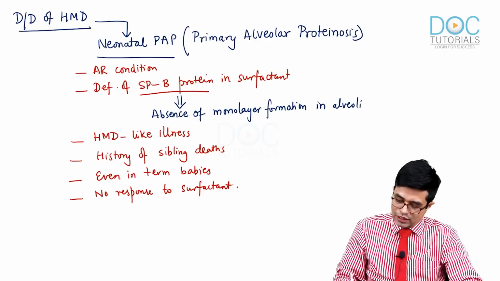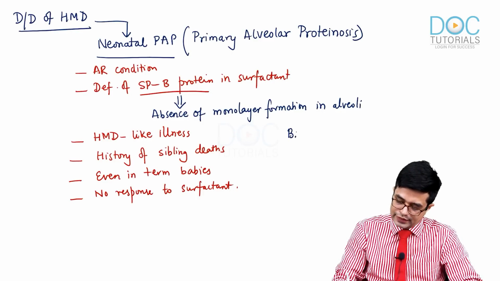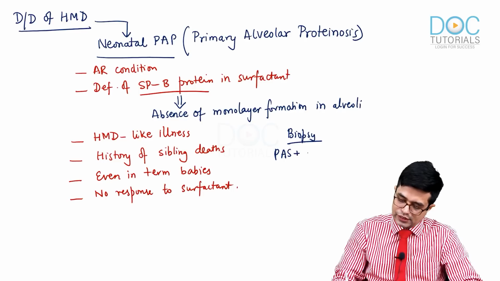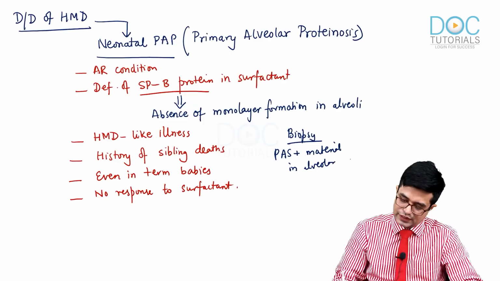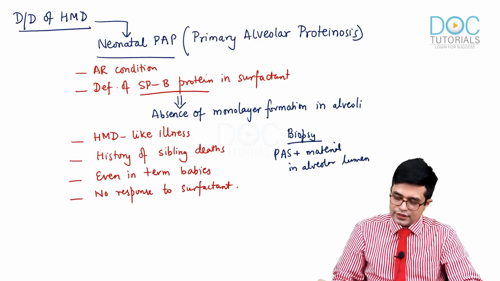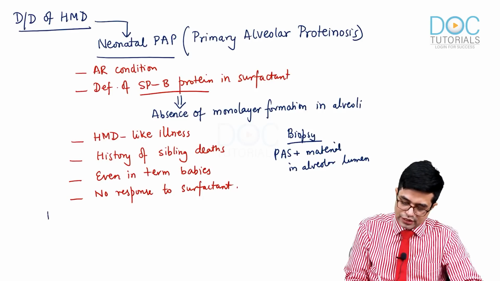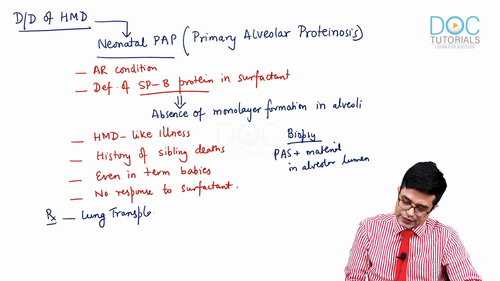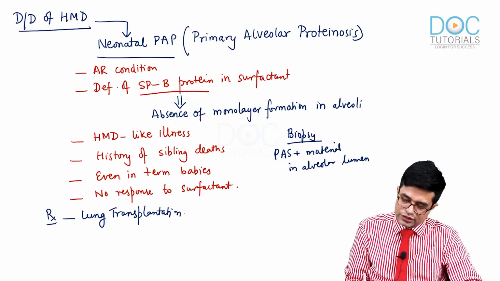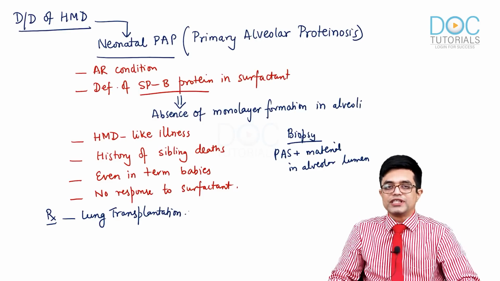When you do lung biopsy in these patients, you find a PAS positive material present in the alveolar lumen. This is precipitated surfactant remnants which you find, and the only treatment in these children is lung transplant. So very poor prognosis is there in these patients. There is another condition known as primary alveolar proteinosis seen in adults.